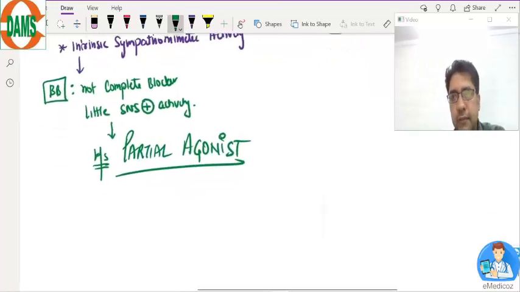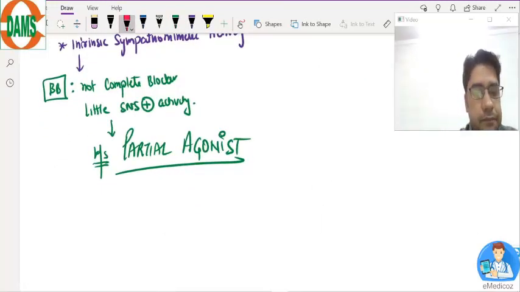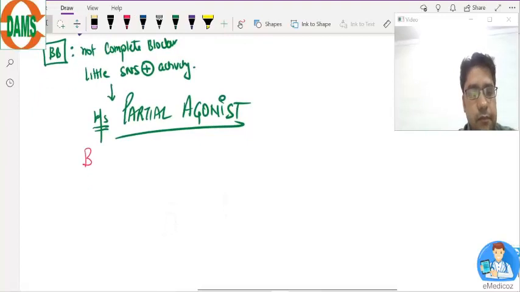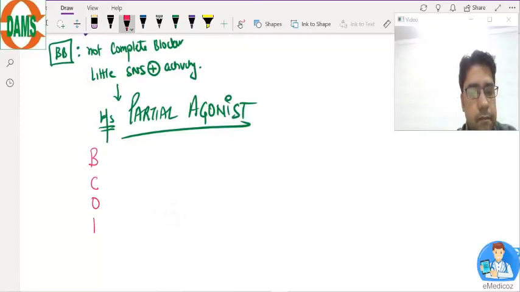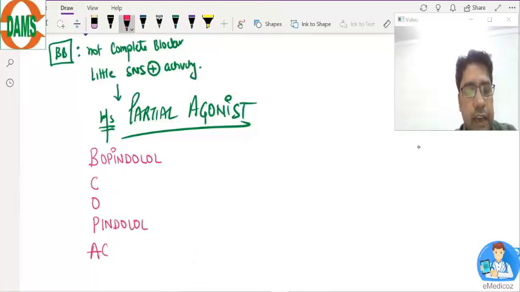Okay, so let's write the names of those beta blockers. You'll write B COPA. First bopindolol, second pindolol, A for acebutolol, celiprolol and oxprenolol.